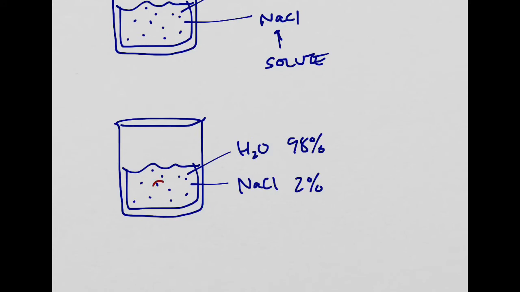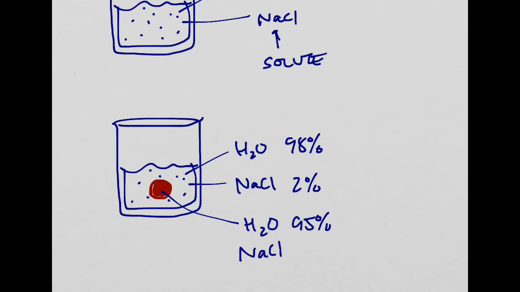But inside this solution, I want you to imagine there's a cell. And this cell mostly consists of water, but in this case I'm going to say it's 95% water and only 5% salt. Now, it isn't really salt, it's whatever is dissolved in the cell, which includes organelles and sugars and all those kinds of things. So whatever the solute is, it's 5%, but I'm just going to say it's sodium chloride just to make things easier for us.